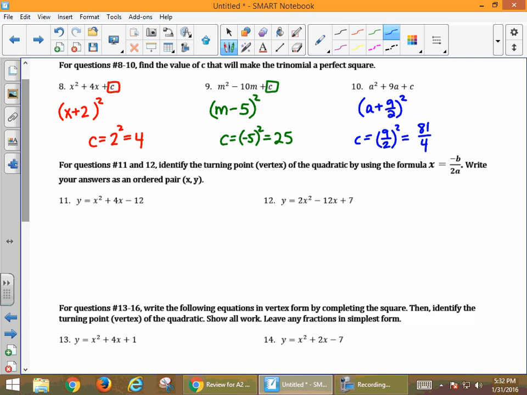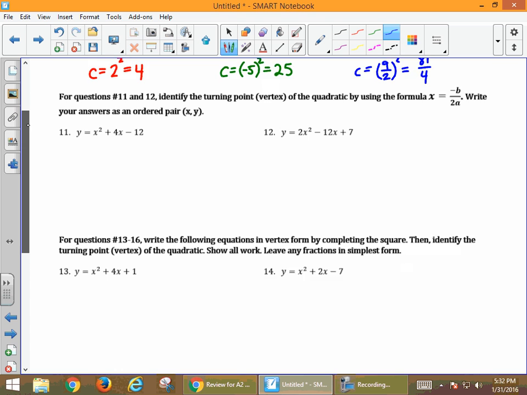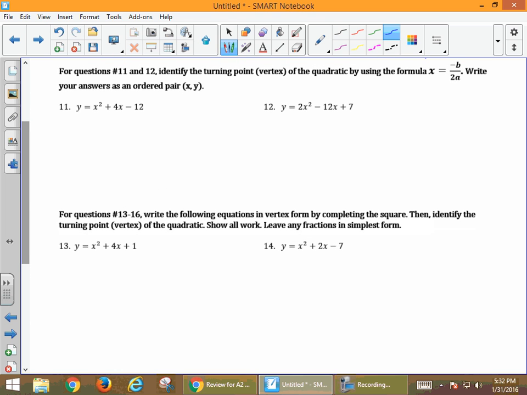For questions 11 and 12. Identify the turning point, or the vertex of the quadratic, by using the formula x equals the negative of b over 2a. Write your answer as an ordered pair. So the opposite of b, identifying a, b, and c.